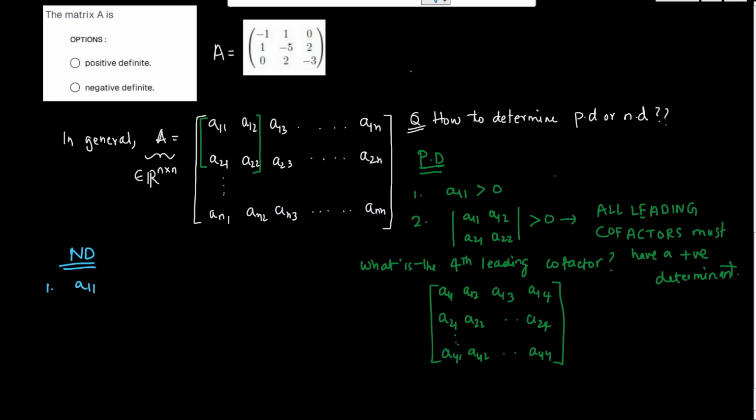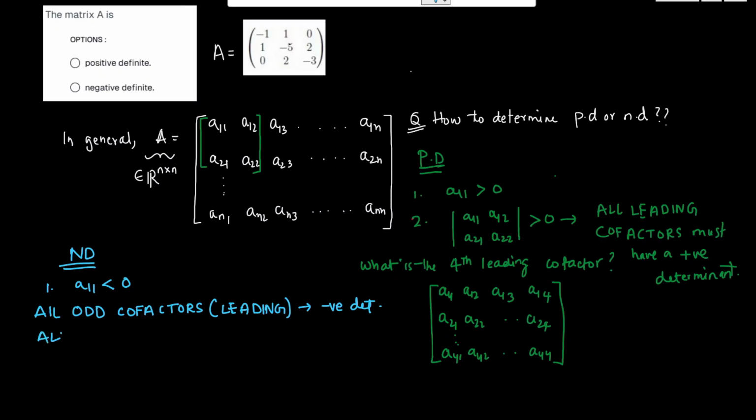A11 has to be negative, and all odd leading cofactors, so you can say the third leading cofactor, the fifth, the seventh, and so on, have a negative determinant, and all even cofactors have a positive determinant.